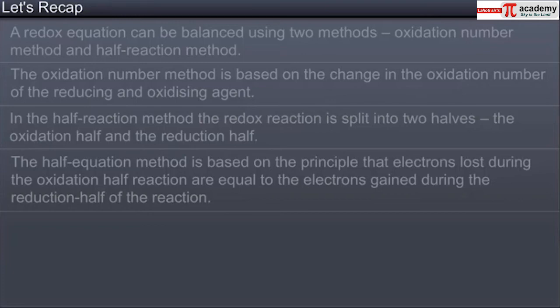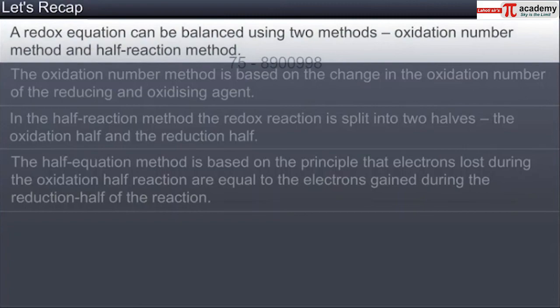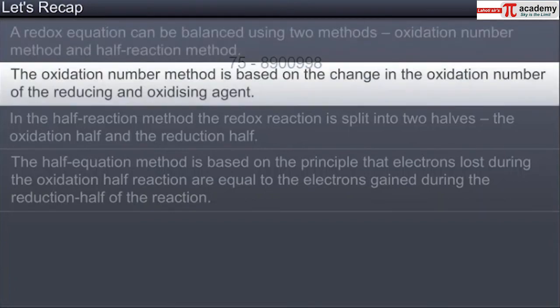You have now reached the end of this module. In this module, you have learned that a redox equation can be balanced using 2 methods: oxidation number method and half reaction method. The oxidation number method is based on the change in the oxidation number of the reducing and oxidizing agent.